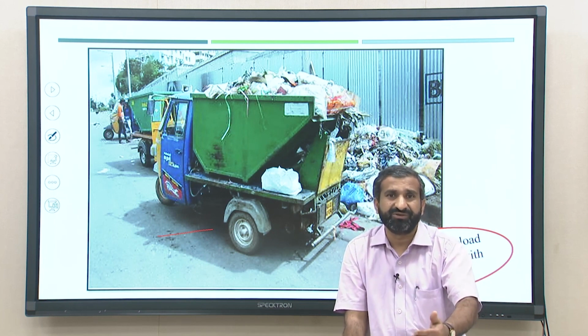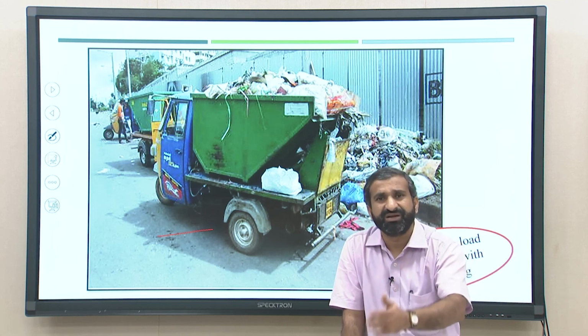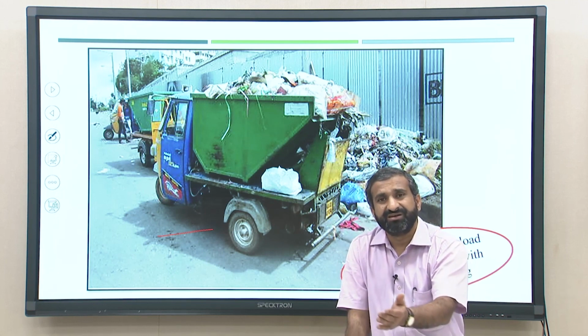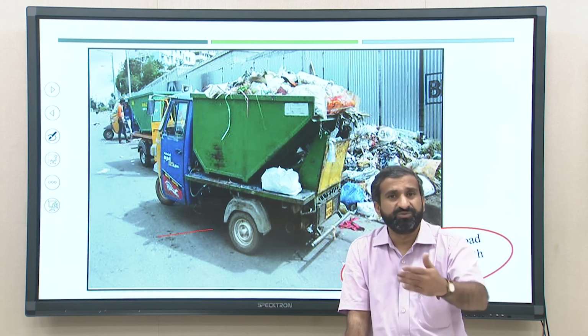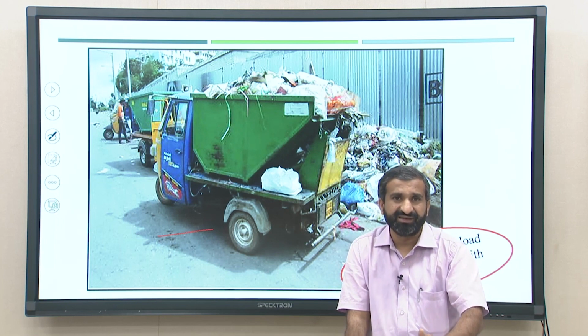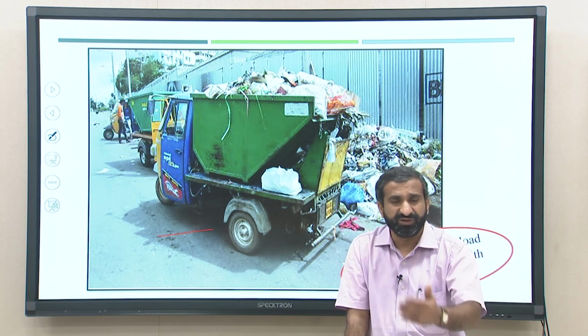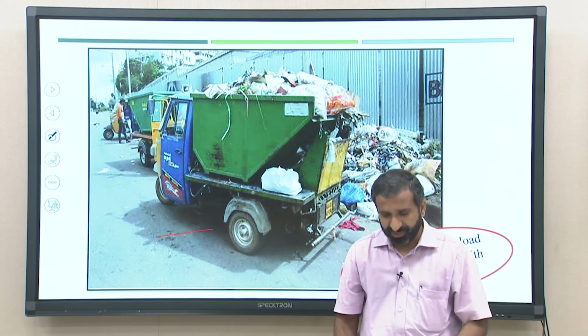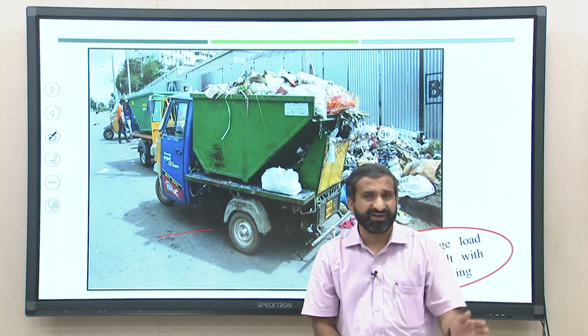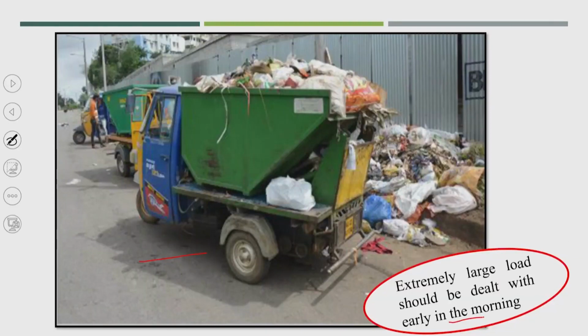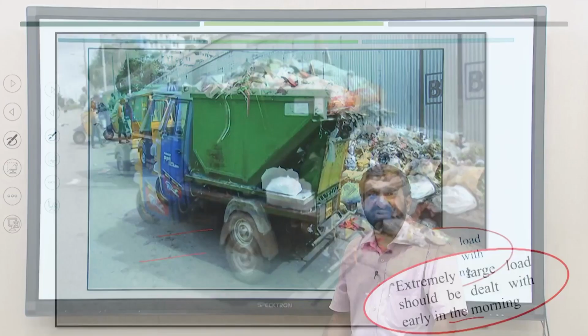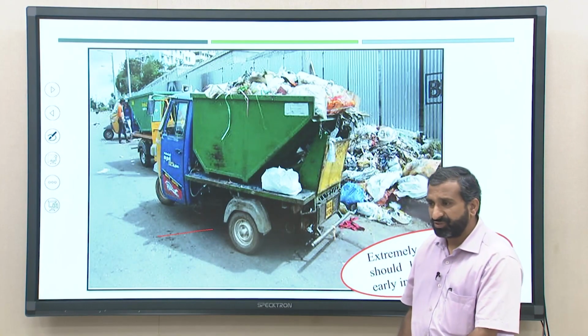That is a very important point: do not fix only one route. Change it from time to time and see how, most economically and without problems with the local people, waste can be hauled to the recycling or disposal facilities. Okay, these are a few points where we can finalize the collection route.